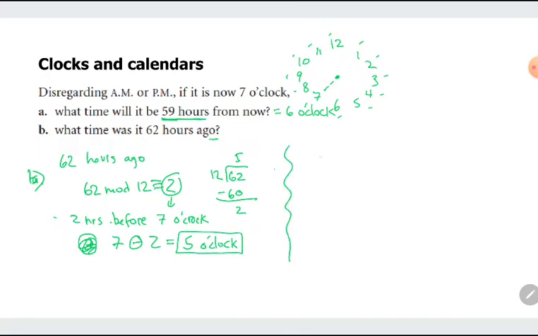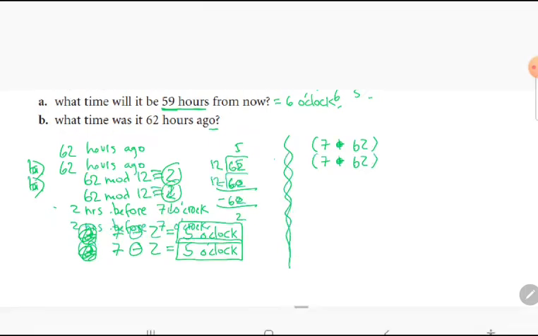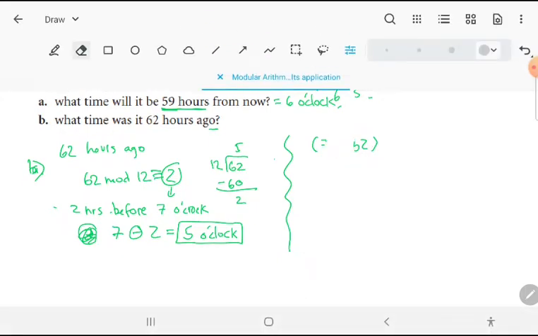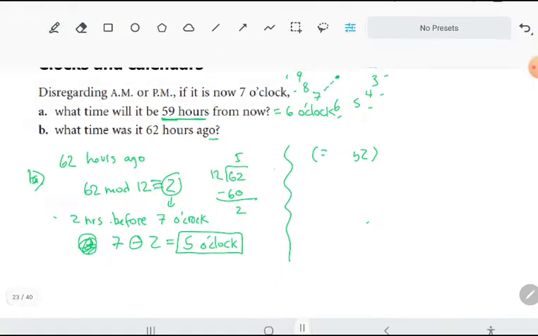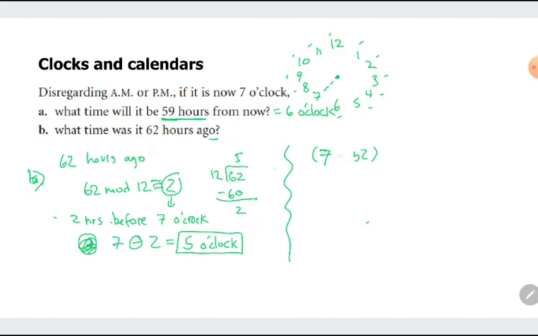Now, maybe this is easier for you. We start already at 7 plus 62. Oh, no. Rather, minus 62, since you are looking for the hours before 7, 62 hours ago, modulo 12. Okay, so 7 minus 62, that will be negative 55.